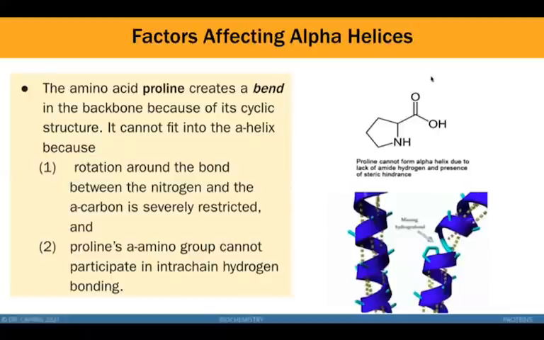Remember from the structure of proline, the structure of proline is like this, okay? So it cannot form an alpha helix due to the lack of amide hydrogen, and the presence of steric hindrance. So you have no available hydrogen for hydrogen bonding, and therefore you cannot create a hydrogen bond for amino acids away from it. So that is why it causes bending.